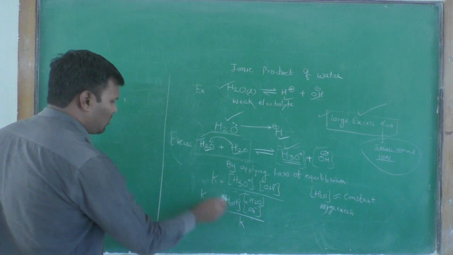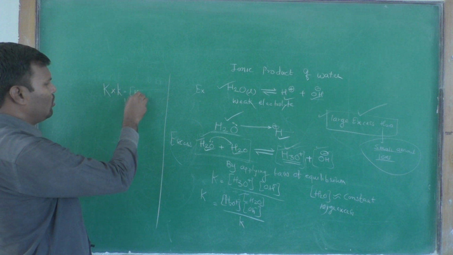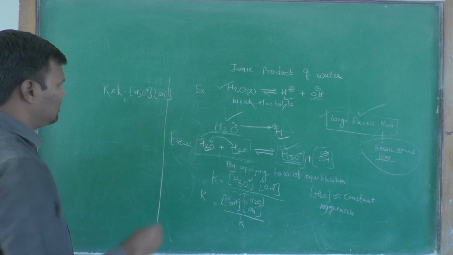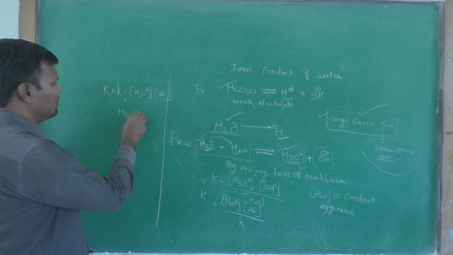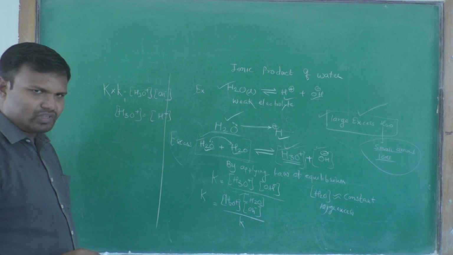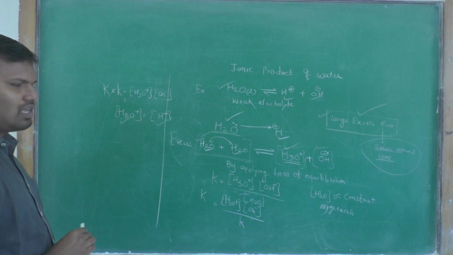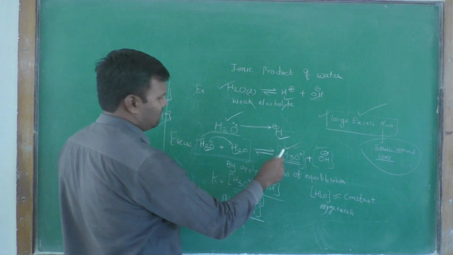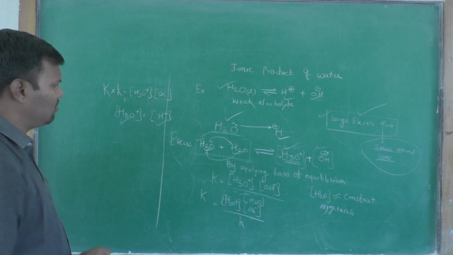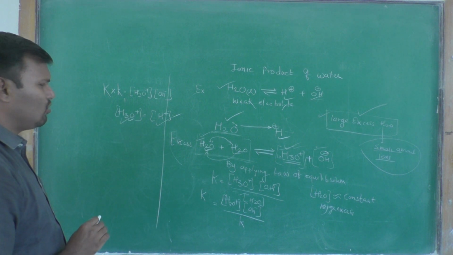Now small k will transfer to the other side: capital K into small k is equal to H3O plus OH minus. We have already discussed that the H3O plus concentration is nothing but the concentration of H plus ions. If 10 H plus ions are there, we obtain 10 H3O plus.